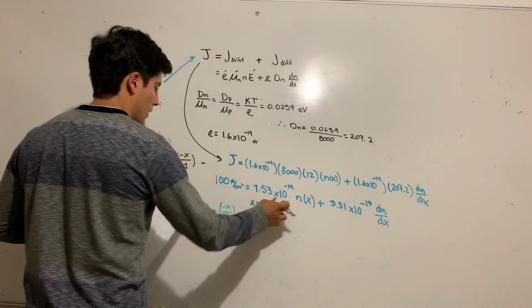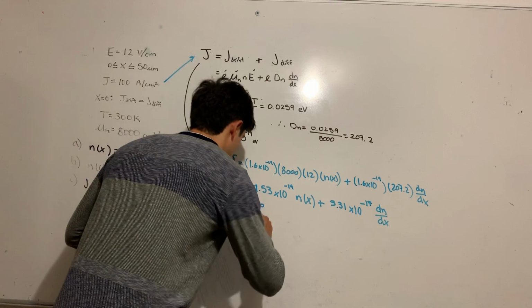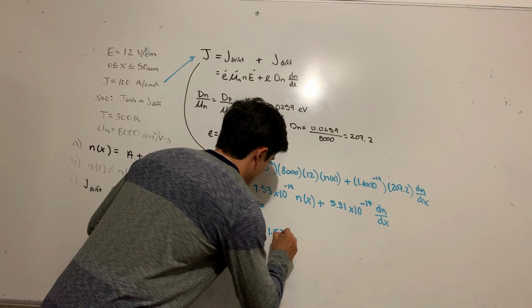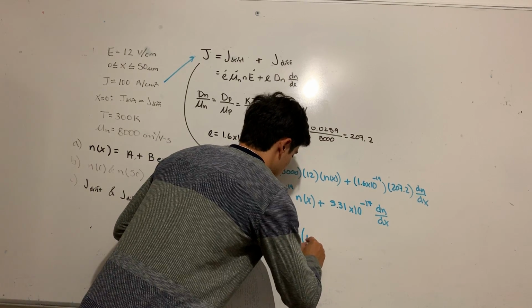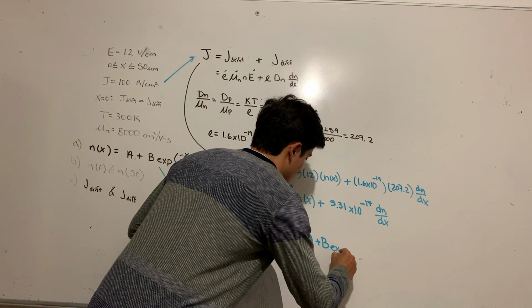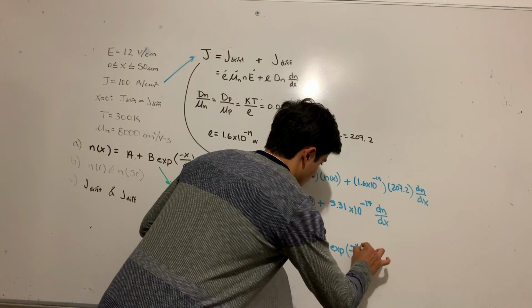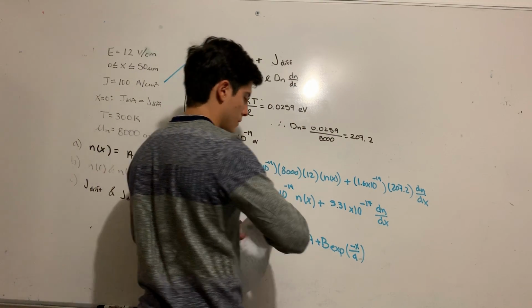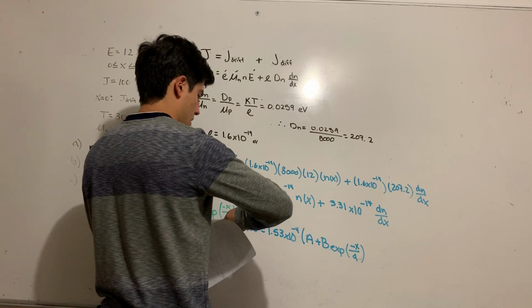So let's write it. 100 equals 1.53 times 10 to the minus 14 times A plus B exponential of minus x over d. But since x is equal to 0, we do not care.